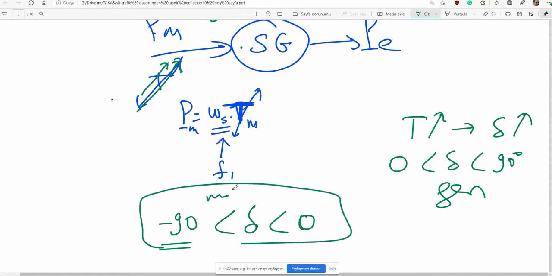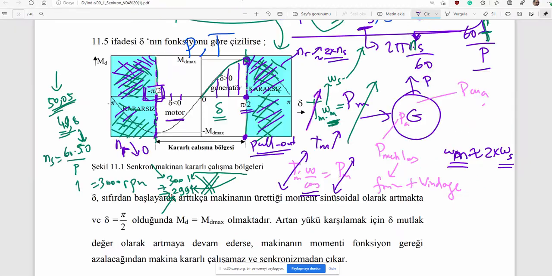Remember that beyond minus 90 and plus 90, those regions are unstable regions.